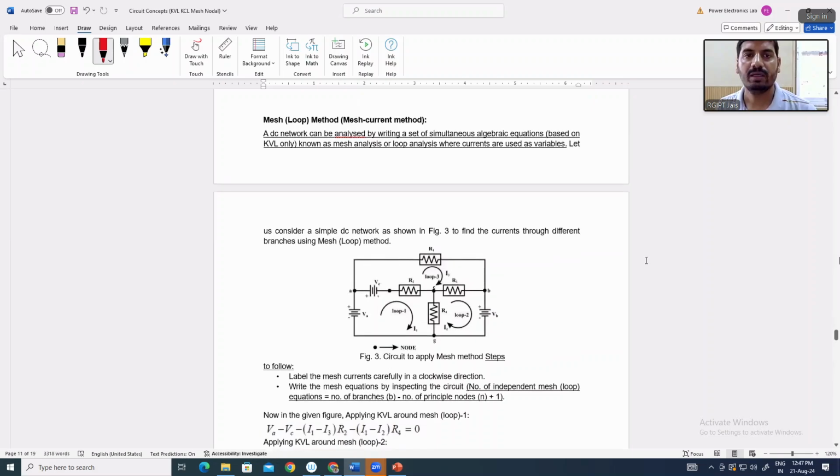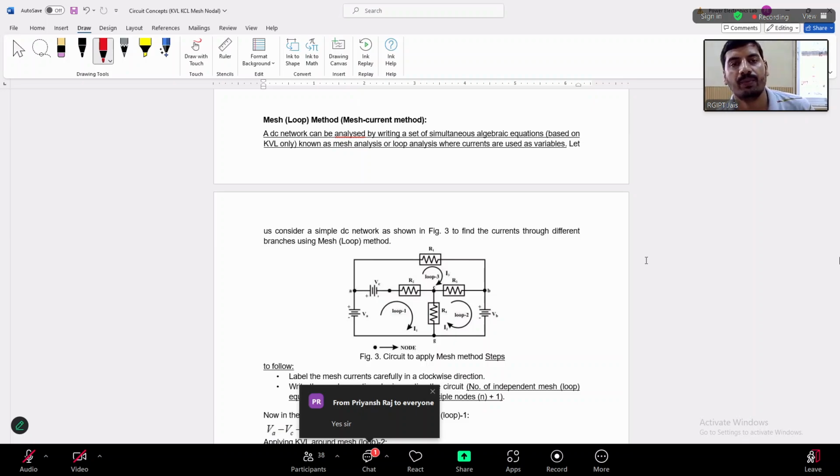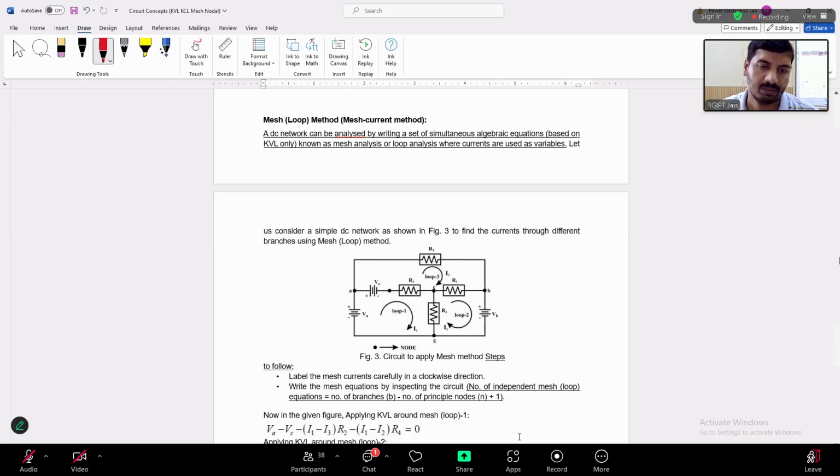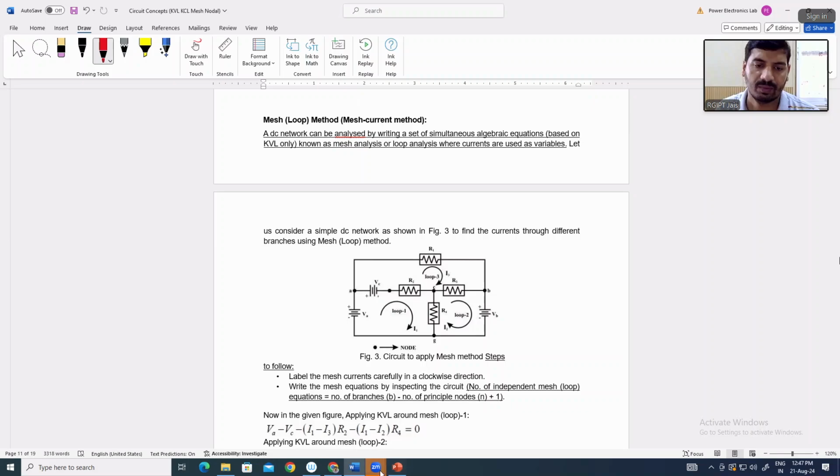So, next method. Have you studied the mesh method and nodal method anytime? Have you studied the mesh method?